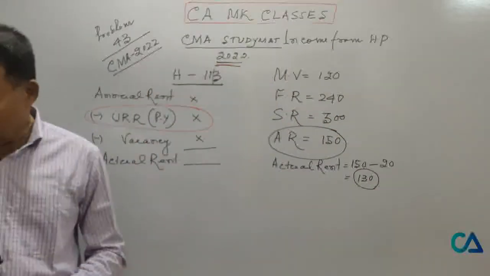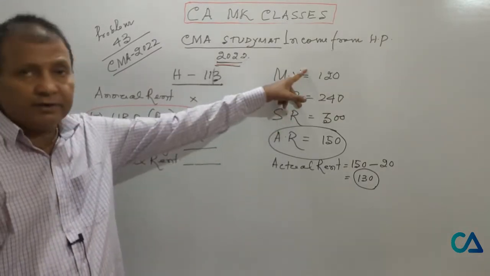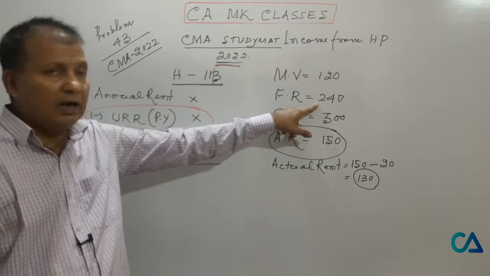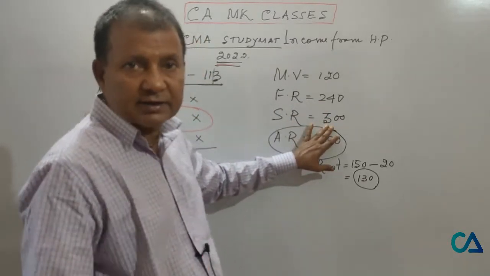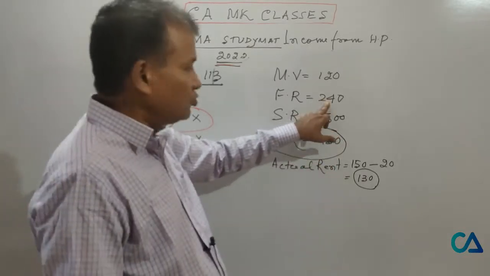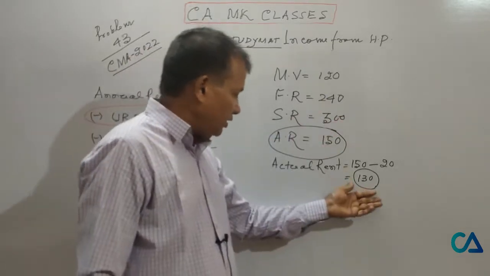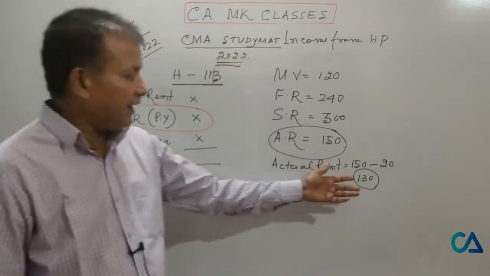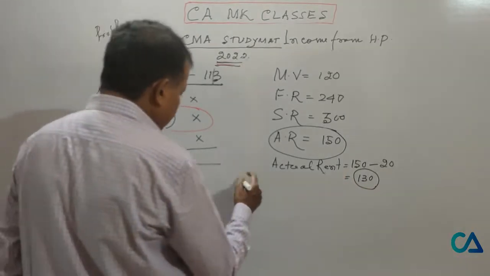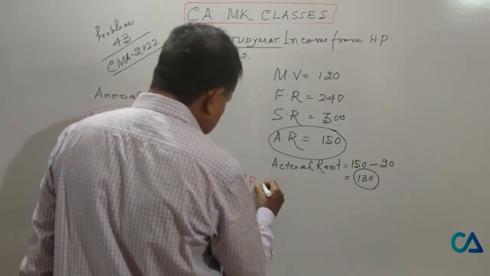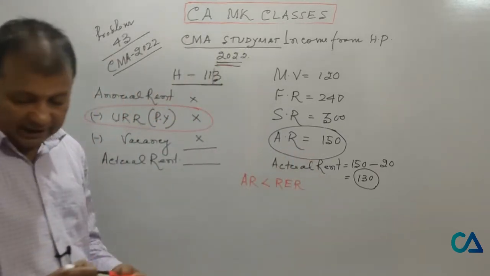So now we will come to the flow chart. Municipal value or fair rent, whichever is higher, 240. Then 240 and 300, the standard rent, step 2, whichever is lower. So 240. This 240 will be compared with actual rent. No vacancy here. That means actual rent is less than RER, or expected rent.